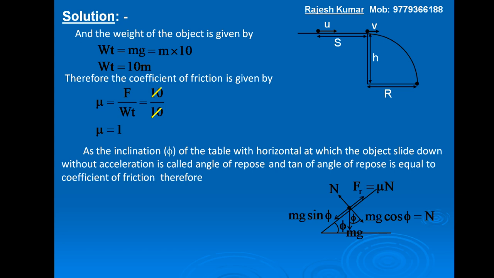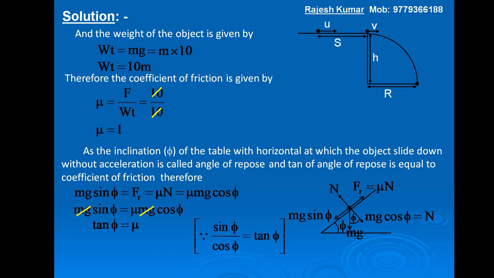For the object to move without acceleration, friction must be equal to mg sin phi, so mg sin phi is equal to friction, which is mu into N. Putting the value of N, mg sin phi is equal to mu mg cos phi. mg and mg cancel each other, so sin phi upon cos phi is tan phi, which is equal to mu.